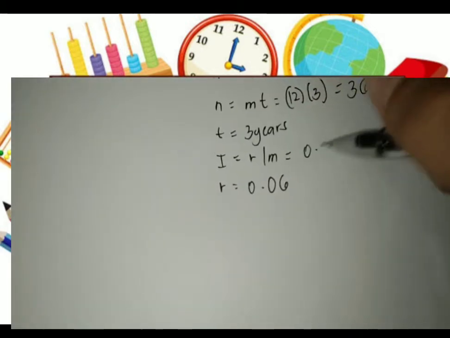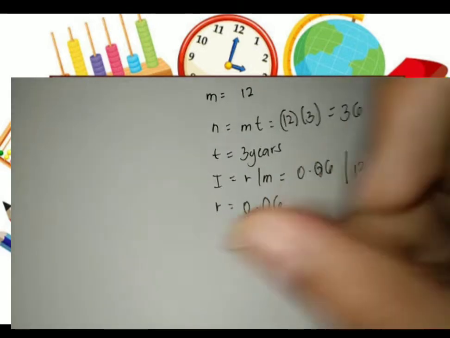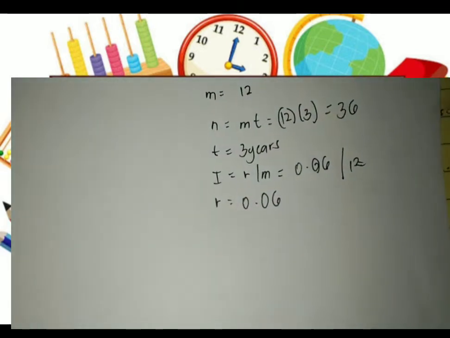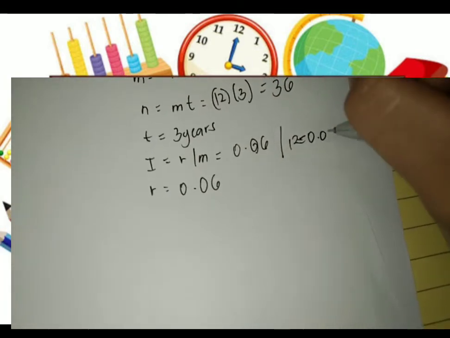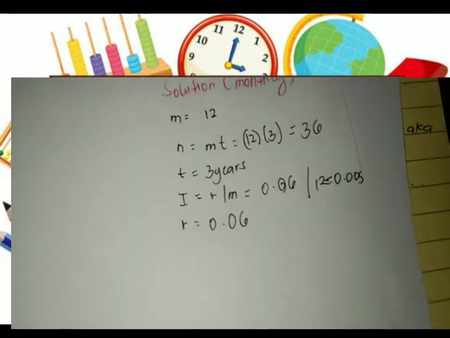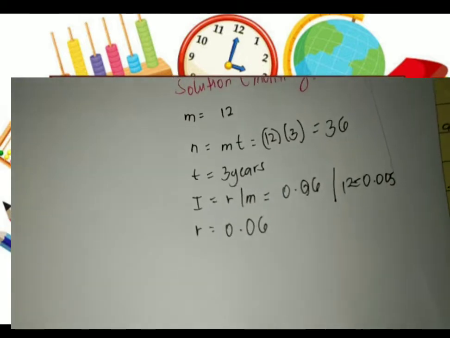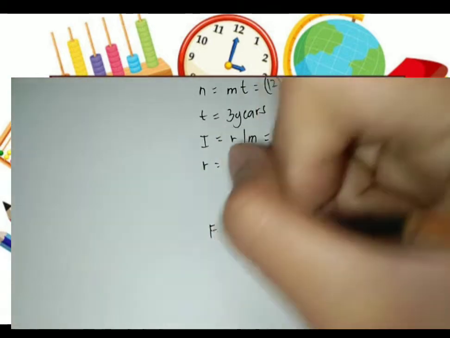So 0.06 divided by 12. The answer is 0.005. Now we will go into our F. We will find it.